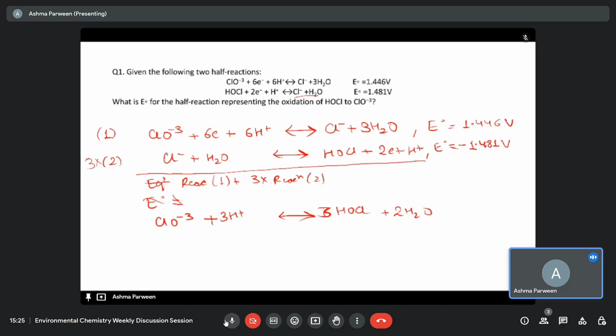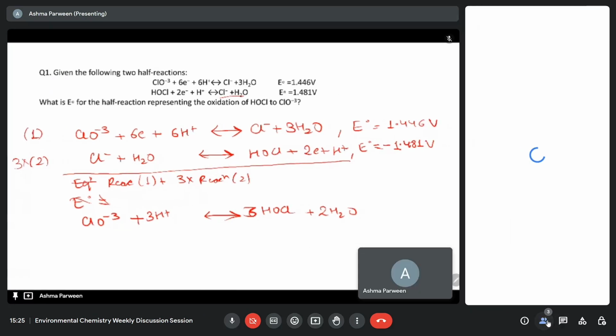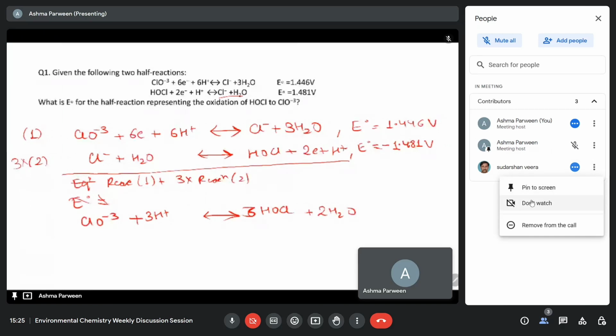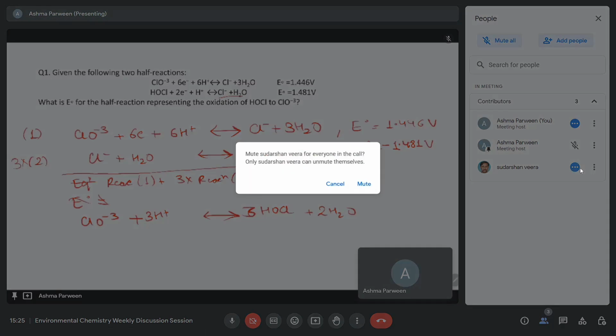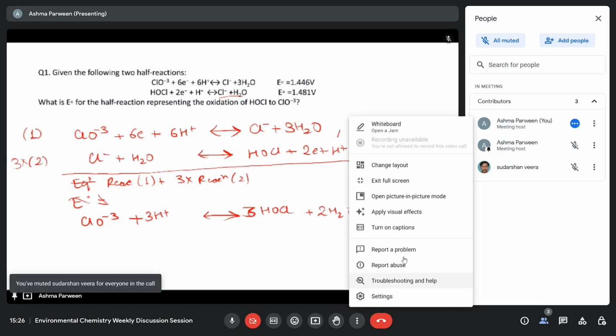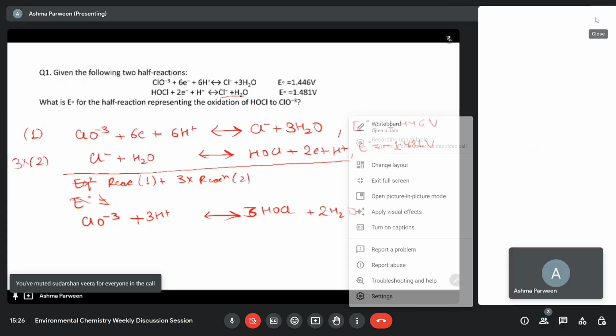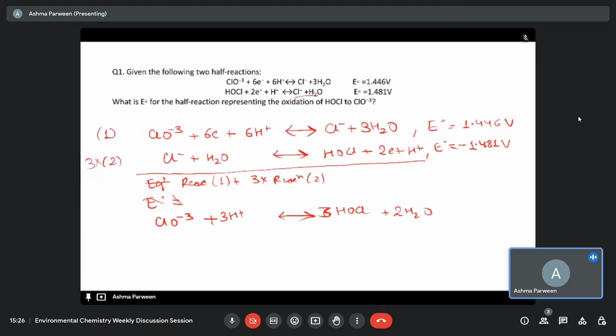Okay, so 3 Cl minus and 1 Cl minus. I think the reaction is not balanced.